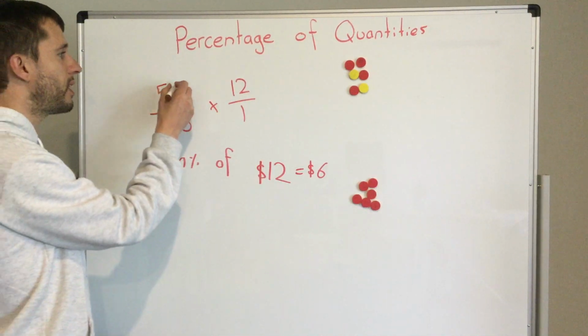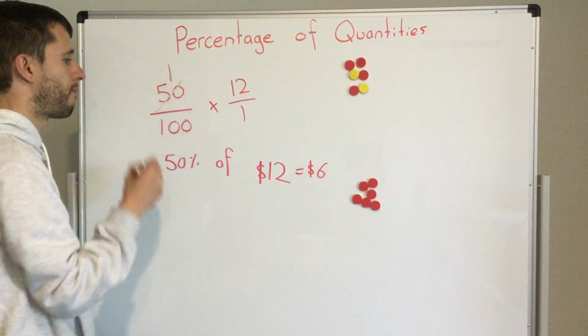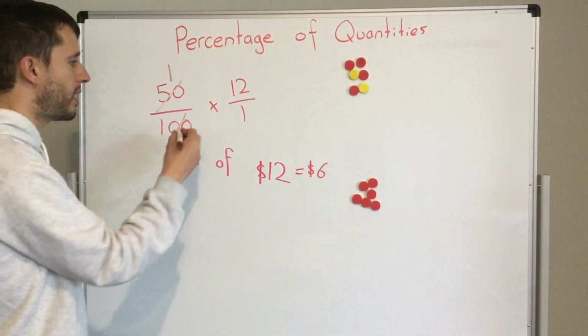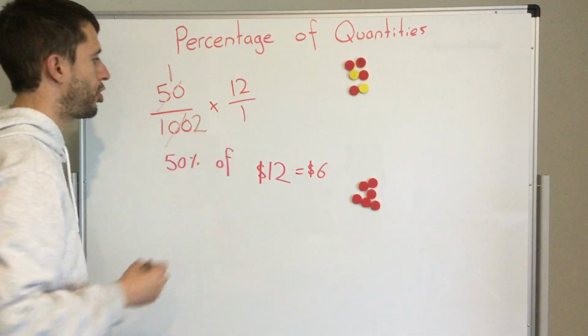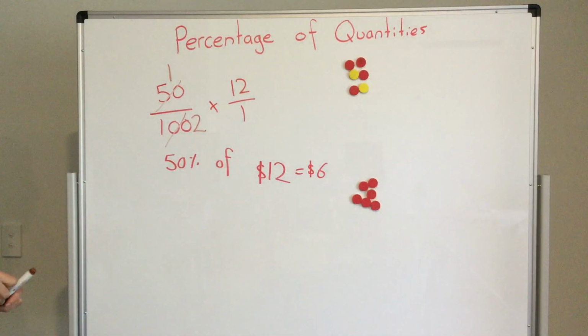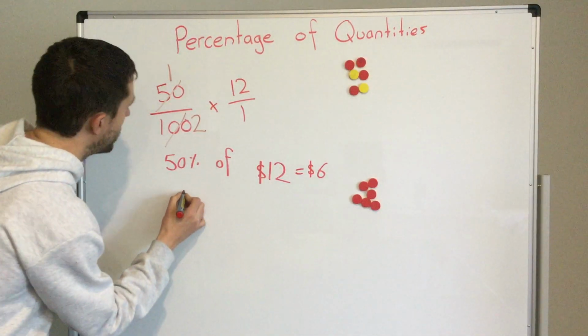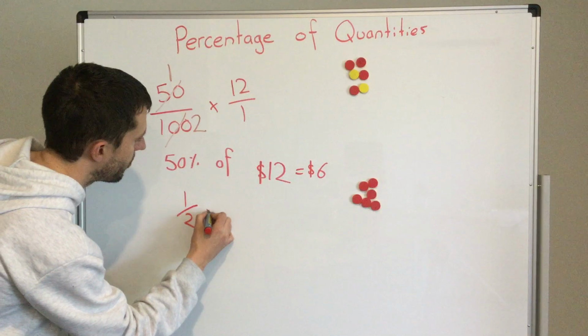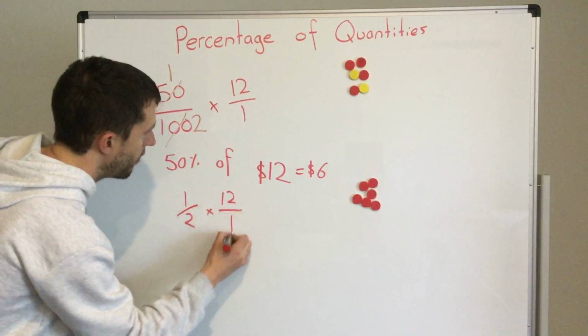Because how many 50s in 50? 1. How many 50s in 100? 2. So now, my question says 1 over 2 times 12 over 1.